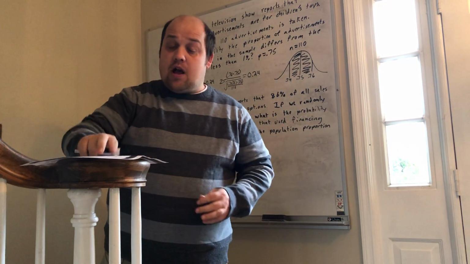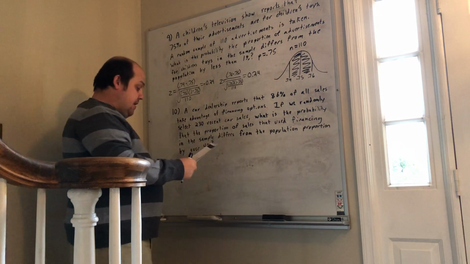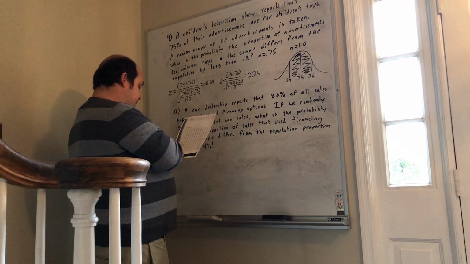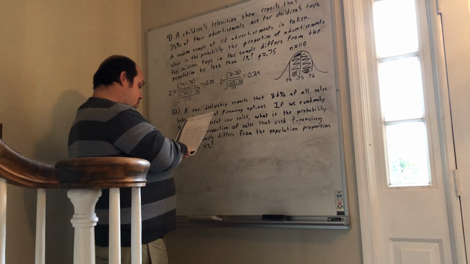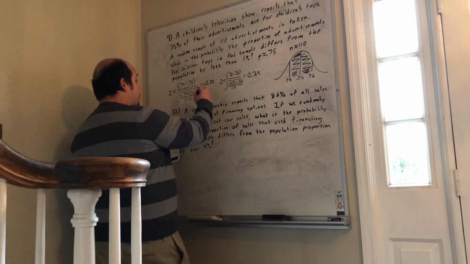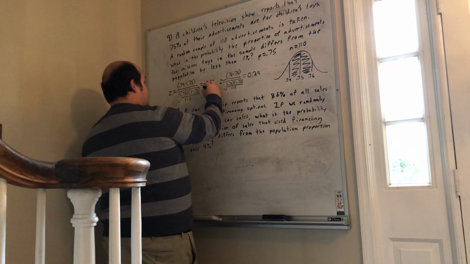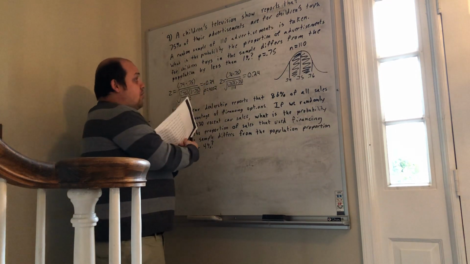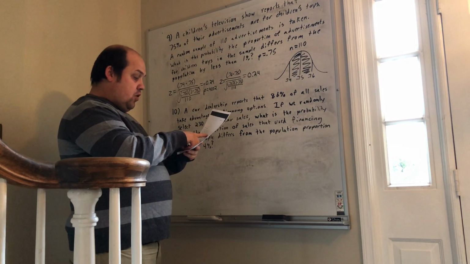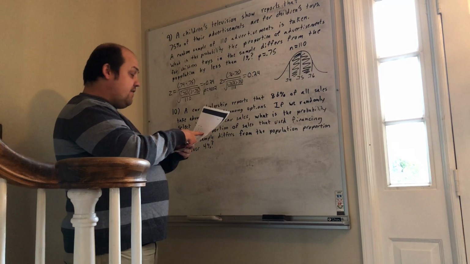I now need to look up each of the two z-scores in my table. When I look at the negative side, negative 0.24 gives me 0.4052. When I look on the positive side, positive 0.24 gives me 0.5948.